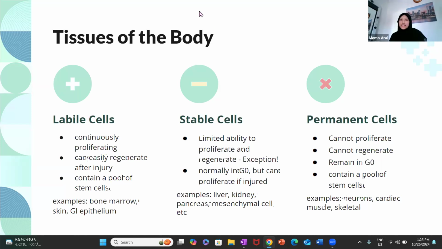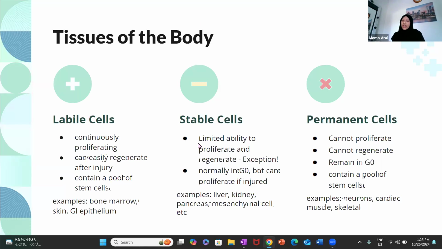He gives you an example: if, in a surgery, you had to take a lobe or part of the liver, it can regenerate. If not much was taken from the liver, the rest of the cells can proliferate and regenerate to make up for the lobe that was taken away.